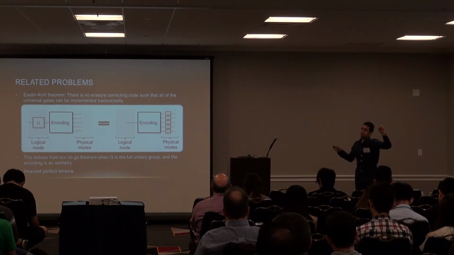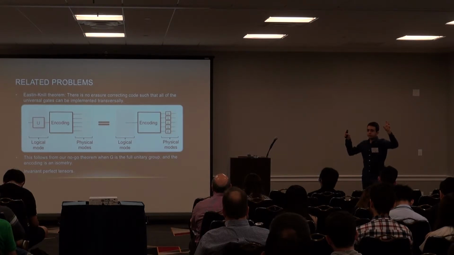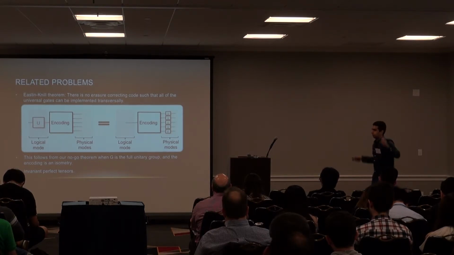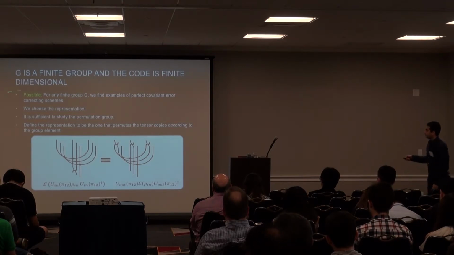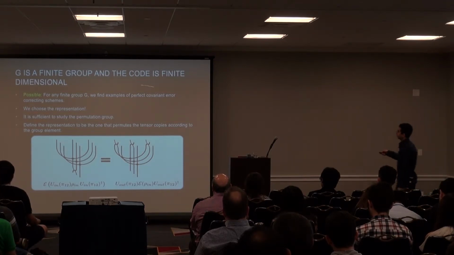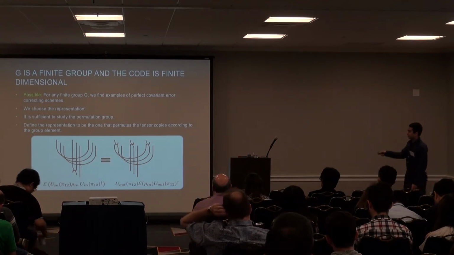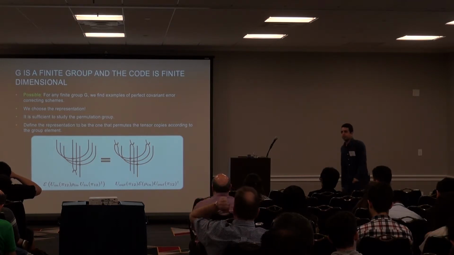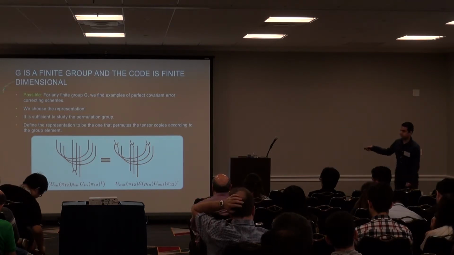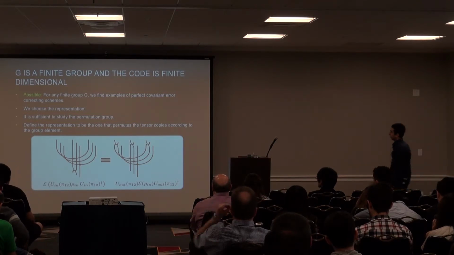I want to give you explicit constructions for when you have a finite group and you can encode it in a finite dimensional Hilbert space. I say that for any finite group G, we can find examples of perfect covariant error correcting schemes. This looks very general because it works for every G, but it comes at a price: I choose the representation, and I choose the one that works well for me.